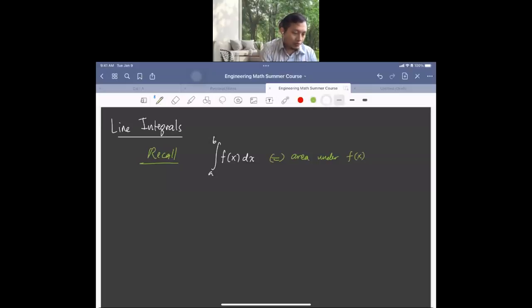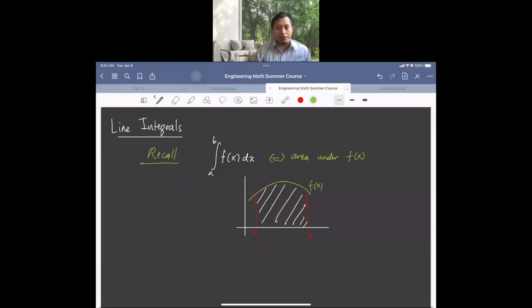If we try to graph it, say the function looks like this, and we have a and b over here, this integration means the total area from a to b under the function of x.